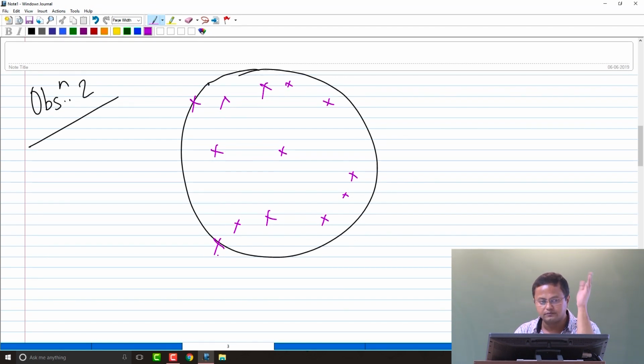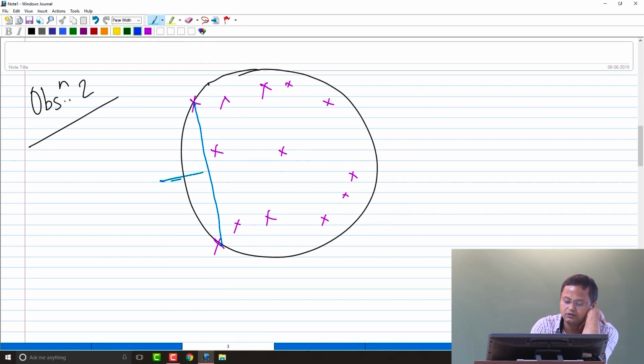Why? So, say for example, this is the scenario where you have only 2 points that define it. Then possibly what you can do is look at the line segment that joins these 2 points, right. It is a chord. If you take its perpendicular bisector, it should go through the center, good, somewhere here.